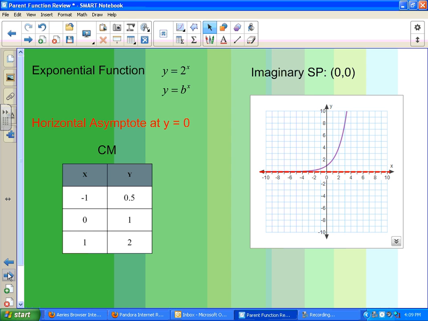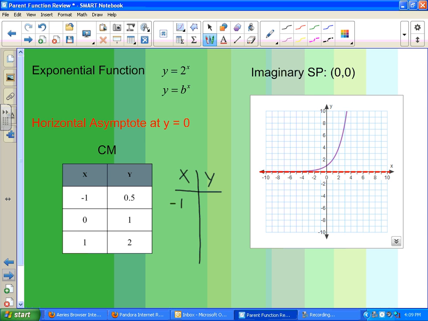Now, they will always cross the y-axis at 0, 1 unless they've been translated. Their next movement, though, is dependent on the base value. So these critical movements that we have in this table are specific to y equals 2 to the x. Generically speaking, though, we could have these as my movements. Left one, and then down, well, that's going to change.